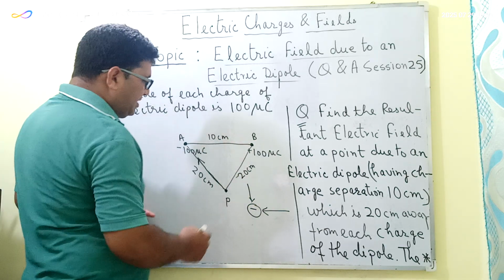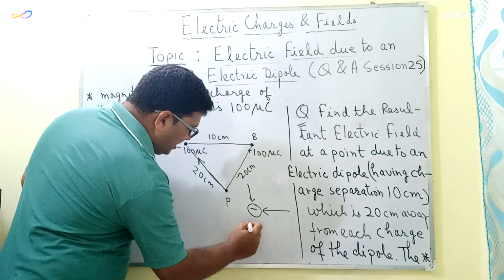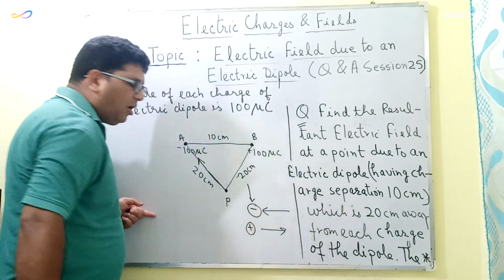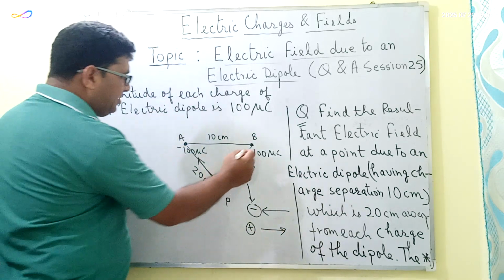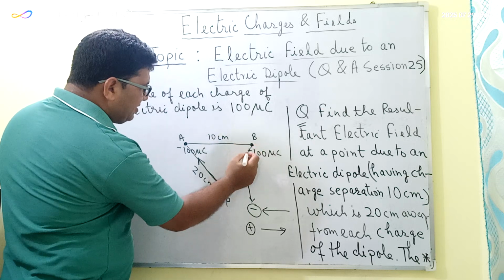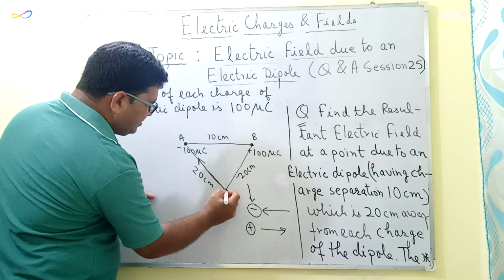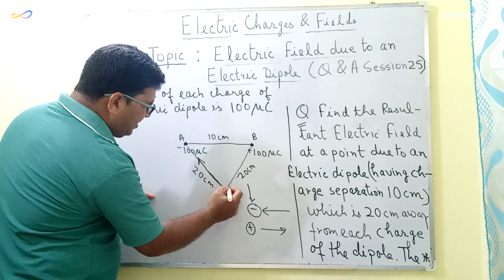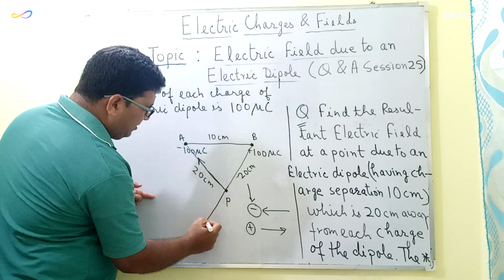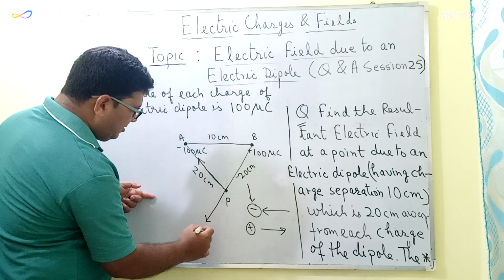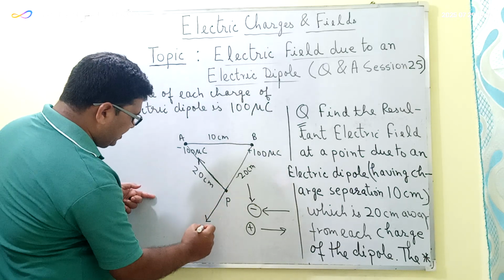Now this is a positive charge. In the case of a positive charge, the electrical field is directed outward or away from the charge. So the electrical field due to this positive charge at this point P will be directed outward, in the direction as indicated by this arrow.